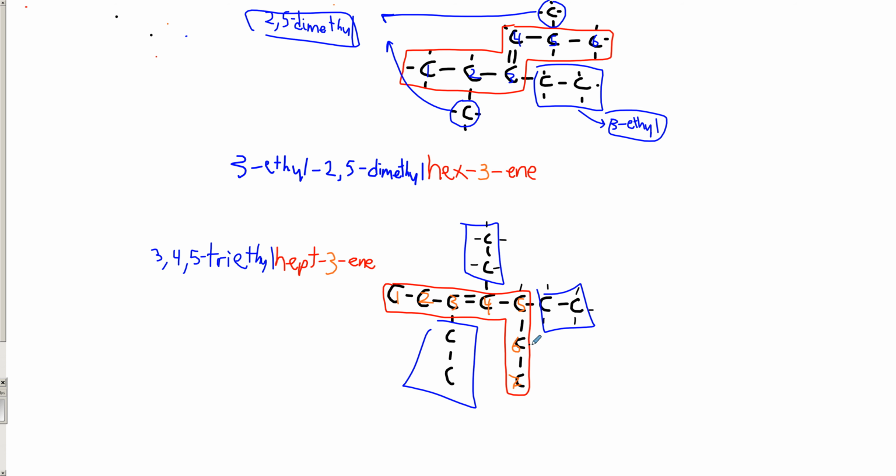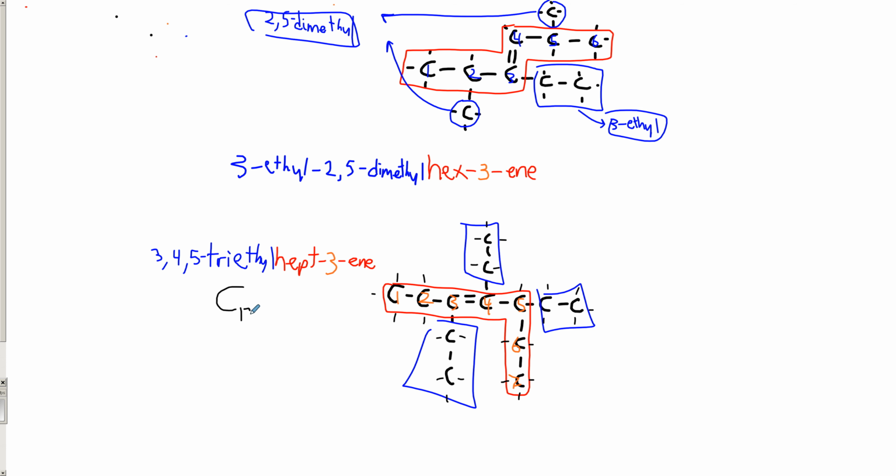Yes, the isolation has made me mad. Let's count these. So how many total carbons does this guy have? A lot. 1, 2, 3, 4, 5, 6, 7, 8, 9, 10, 11, 12, 13. It's got 13 carbons. That means that I should be able to count out 26 hydrogens.